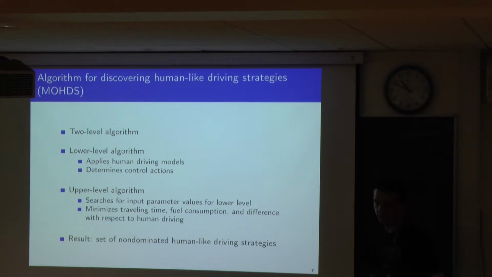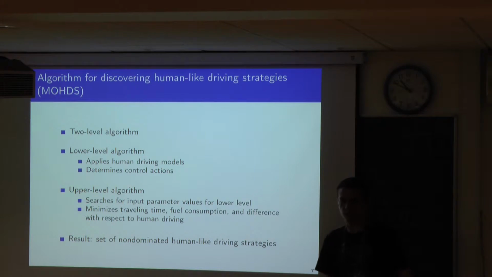And now I'll present the algorithm for discovering human-like driving strategies that we implemented. This is a 2-level algorithm. At the lower level, we have a set of human driving models, and these models are used to determine the control actions.